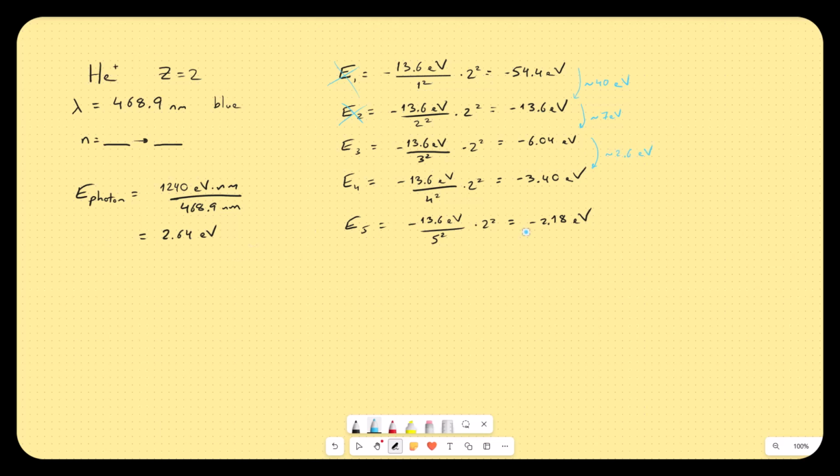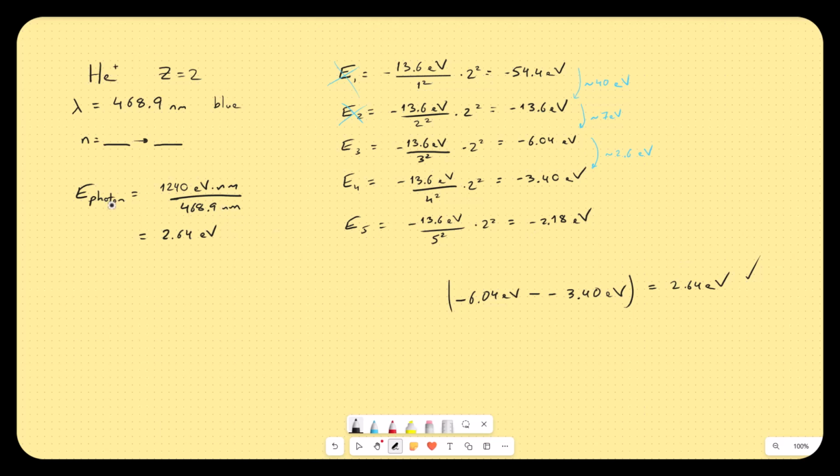So let's try it. 6.04 eV minus 3.40 eV in the absolute value gives me a 2.64 eV, and that is the one I'm looking for.